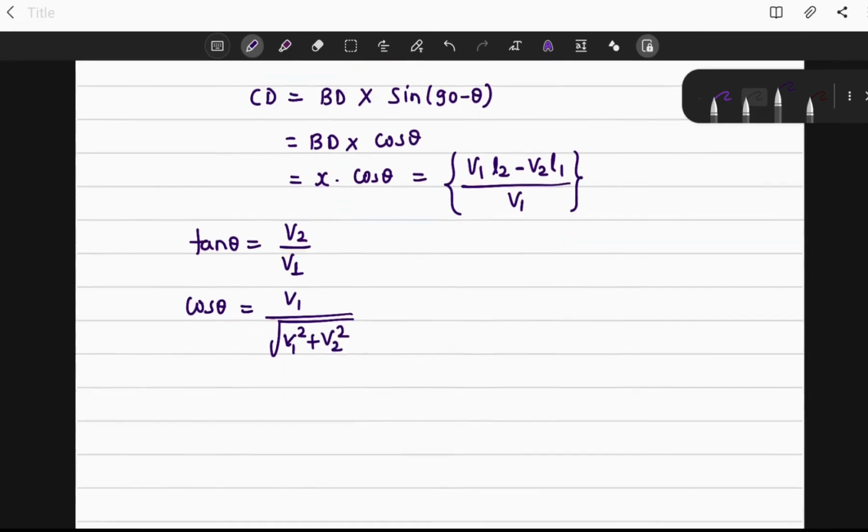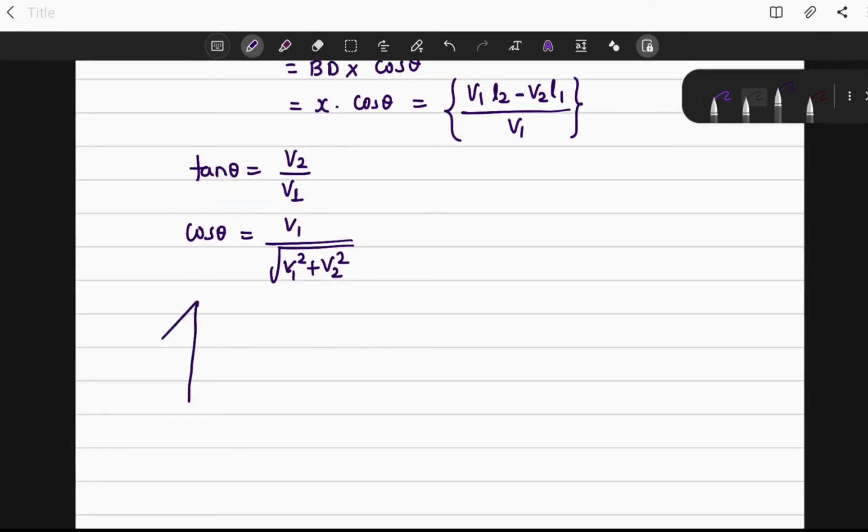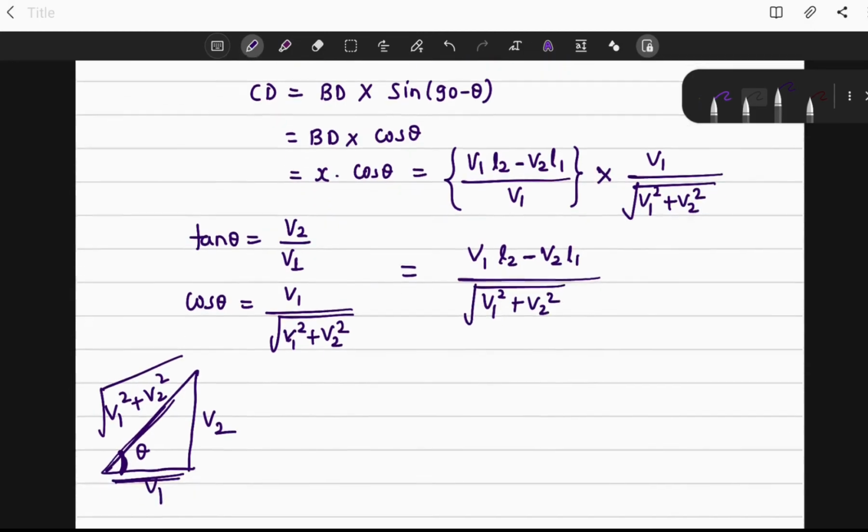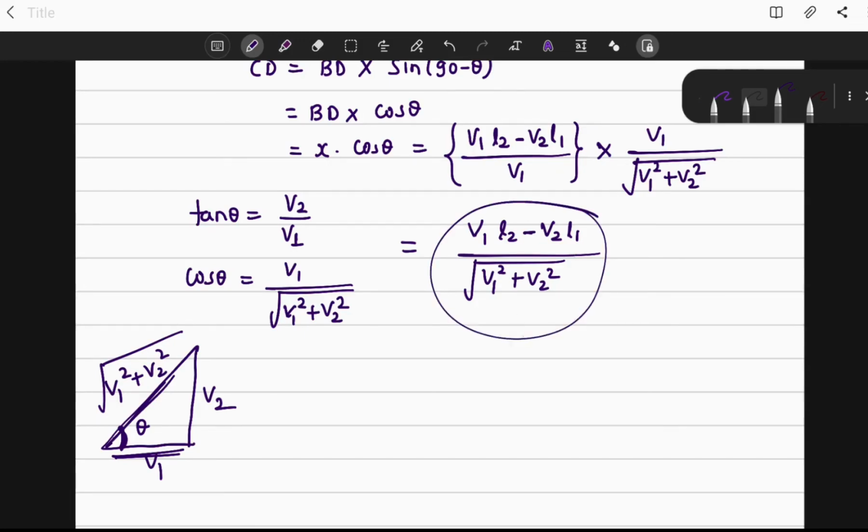If we draw the triangle here, with this angle theta, this side V2, this side V1, and the hypotenuse square root of V1 square plus V2 square, then cos theta is V1 divided by square root of V1 square plus V2 square. Substituting cos theta here, we get V1 L2 minus V2 L1 whole divided by the square root of V1 square plus V2 square. Now this is the value of minimum distance.